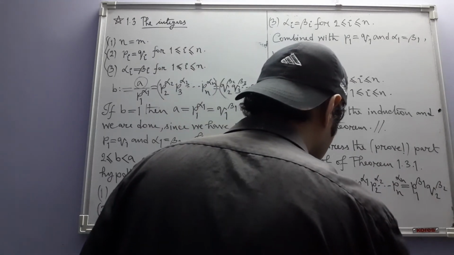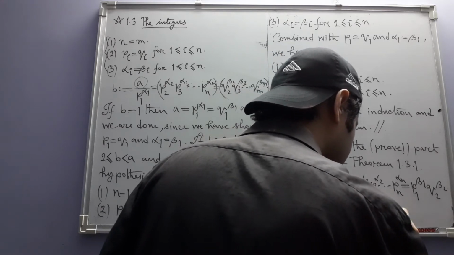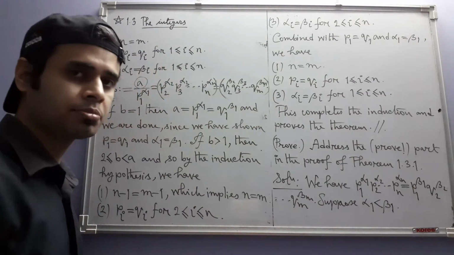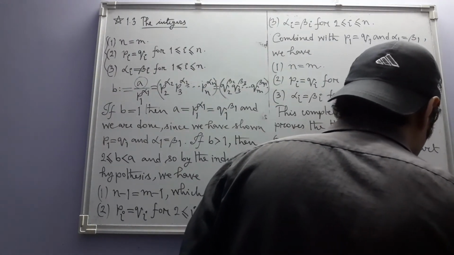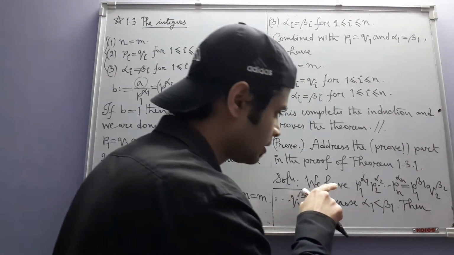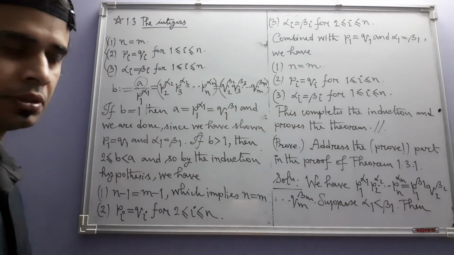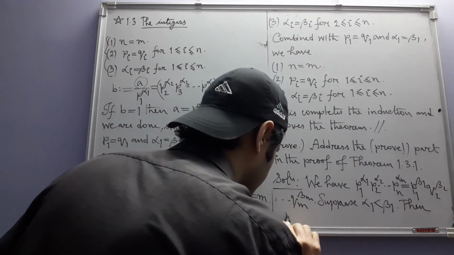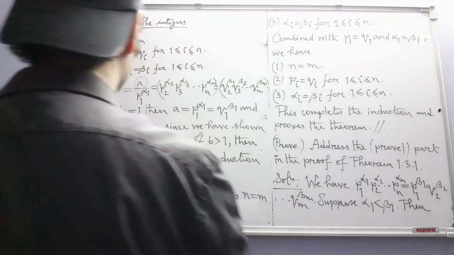Suppose alpha 1 is less than beta 1. We are supposing this, say. Then I can divide both sides by P1 to the power alpha 1.